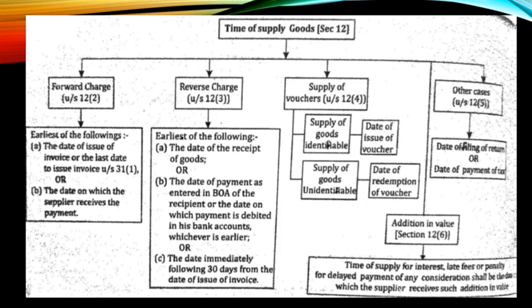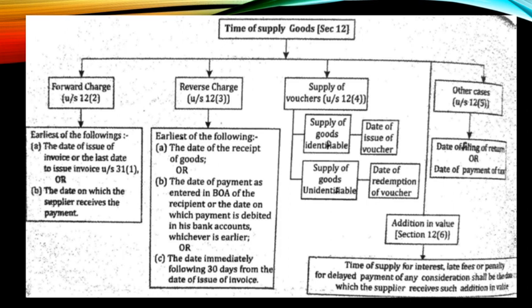Or the date immediately following 30 days from the date of issue of invoice by the supplier. The earliest of these will be considered as the time of supply of goods.